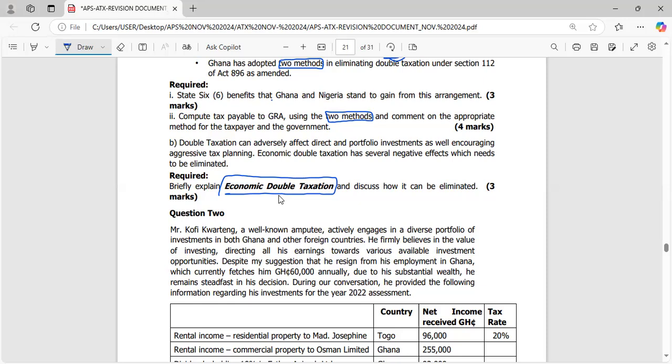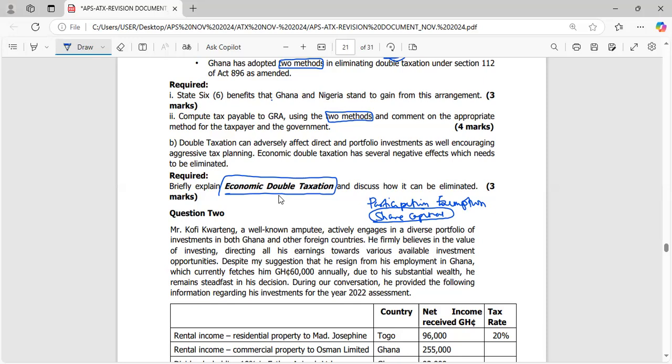Now, in eliminating economic double taxation, there's something we call participation exemption. Under the participation exemption, it will be clearly stated that certain income, so we normally talk about the share capital, the agreement will be that if the shareholder is able to have a certain percentage of the company's shares, then dividend in the hands of the shareholders will not be taxed.